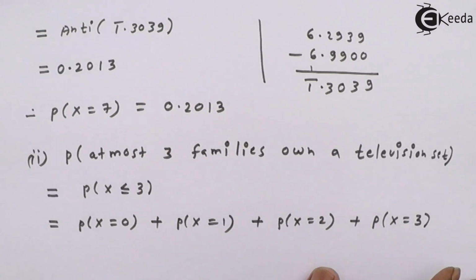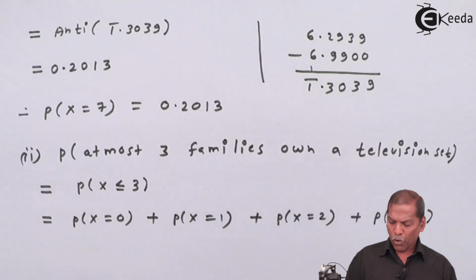Now these values we have to substitute in the probability mass function.